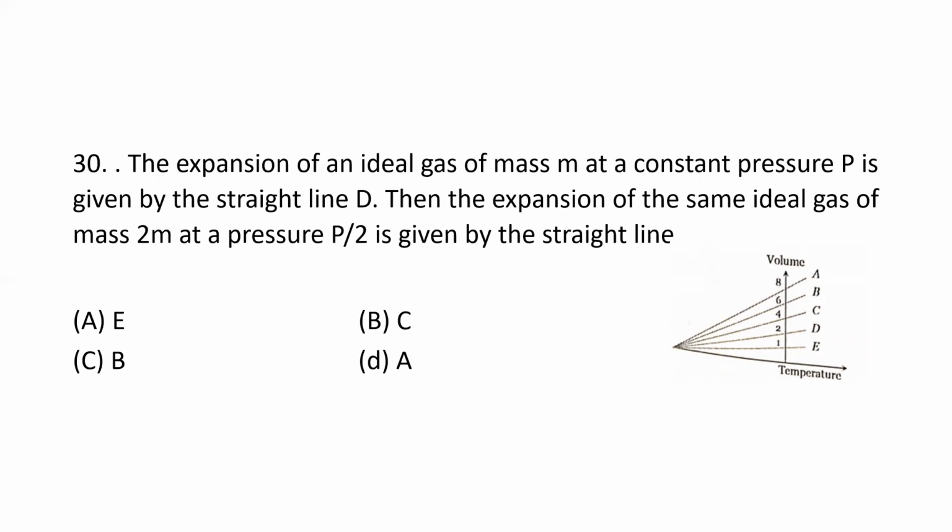So here in the given graph, D represents the expansion of ideal gas of mass M at constant pressure P. They have asked, when the mass becomes 2m and the pressure becomes P by 2, which straight line represents the respective condition?